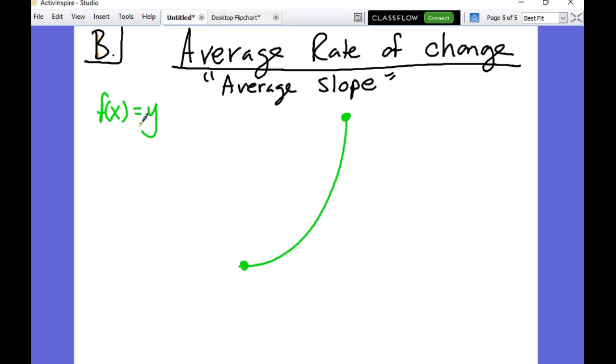Let's say that this x value is A. How would I find out what the y value is? You would plug it into the f function. So we'll call the y value f of A. I think it'll be helpful.